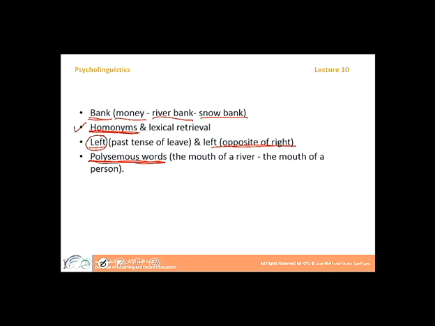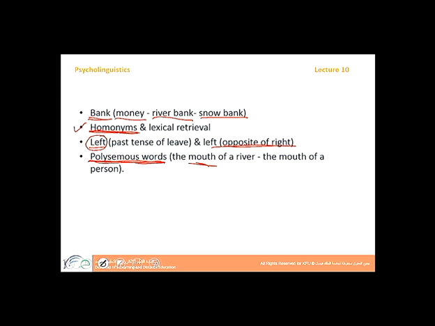Polysemous words: when you have the word mouth, for example, you can say, this is my mouth, or this is the mouth of the river. This is where it flows. So the mouth of a river, or the mouth of a person. More or less, it's the same meaning, isn't it? It's the same when you say eye. You know the needle that we use for sewing?